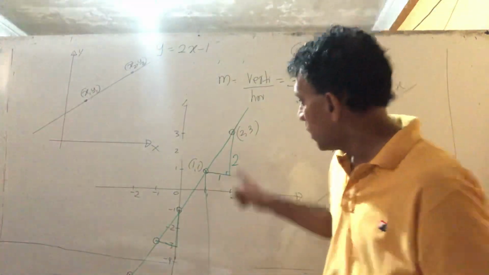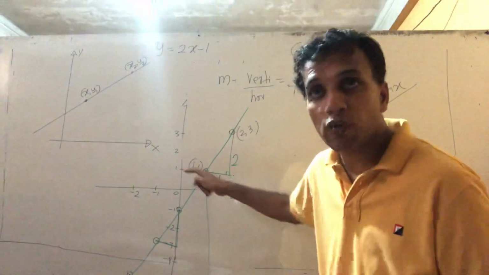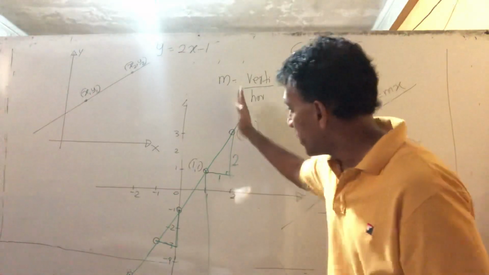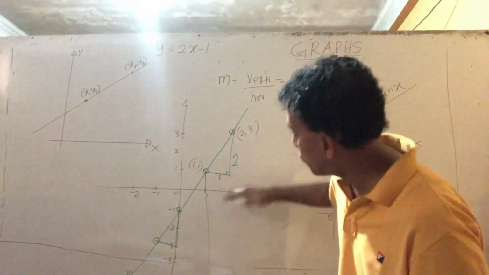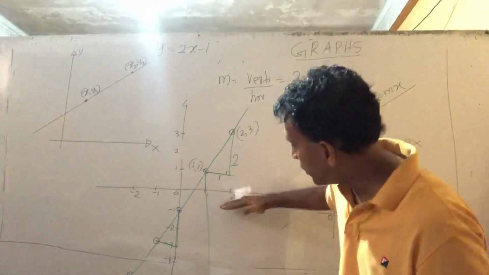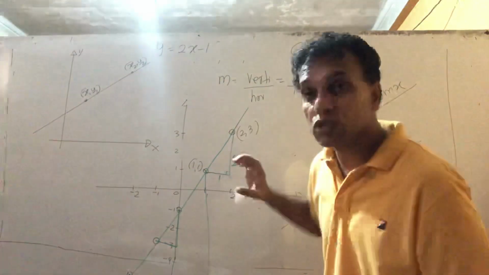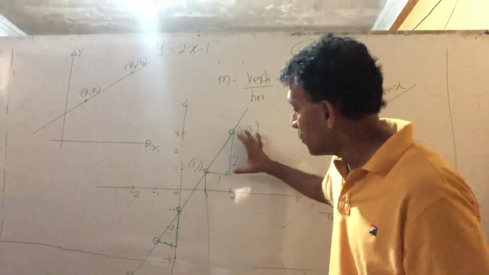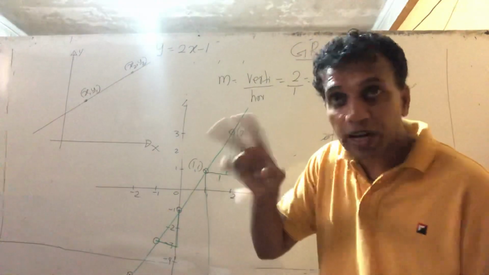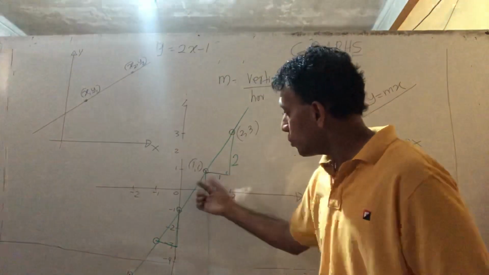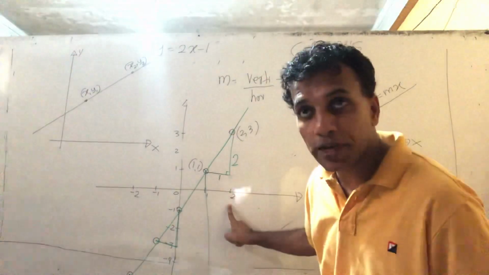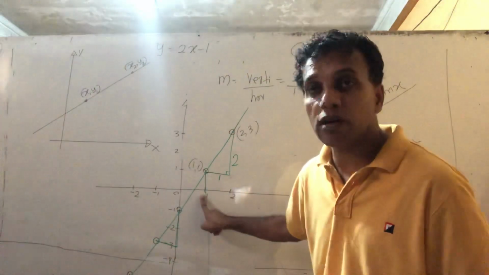See this. What happened here? Vertical divided by the horizontal. What does vertical mean? The difference between the y values, no? From here to here, what is the y value? From here to here, what is the y value? We subtract, therefore we find the difference between the two y values. What is the horizontal value? Here to here, what is the x coordinate? Here to here, what is the x coordinate?